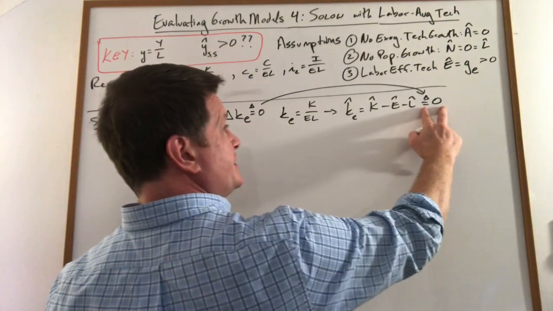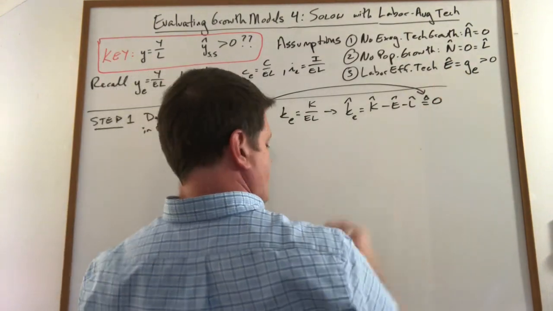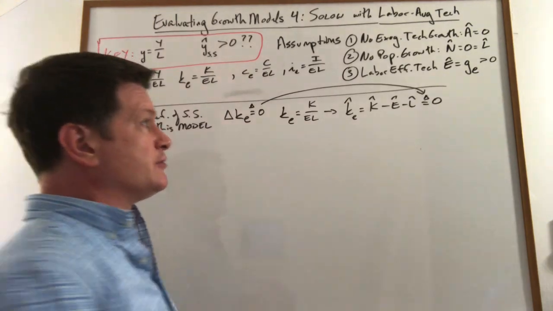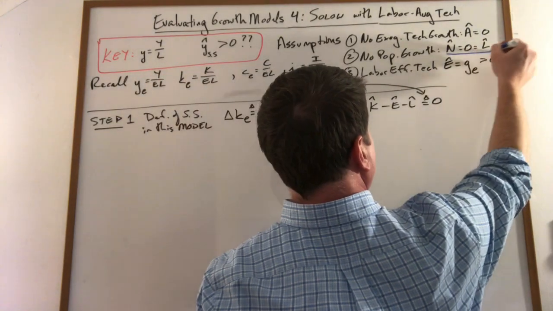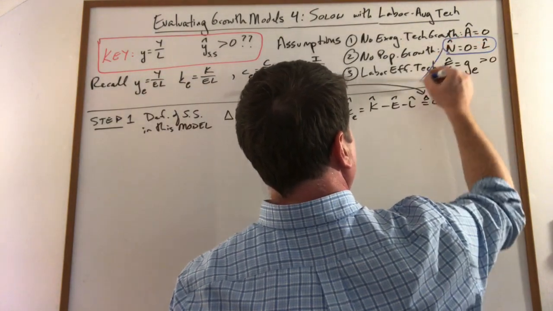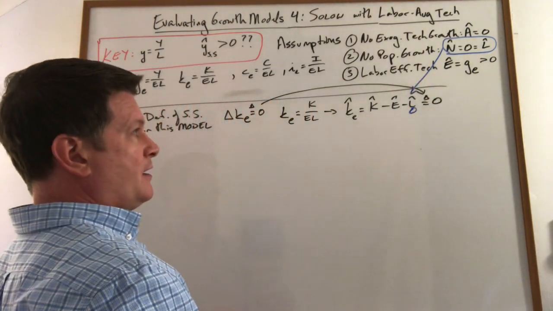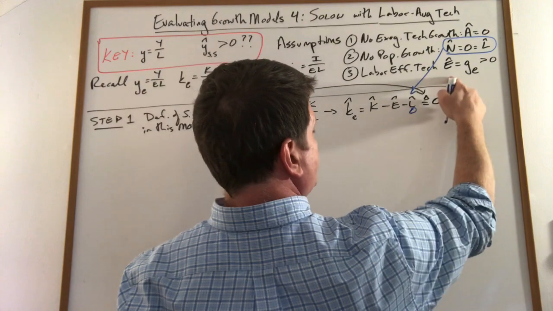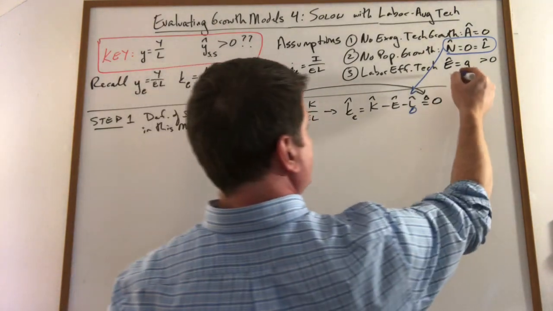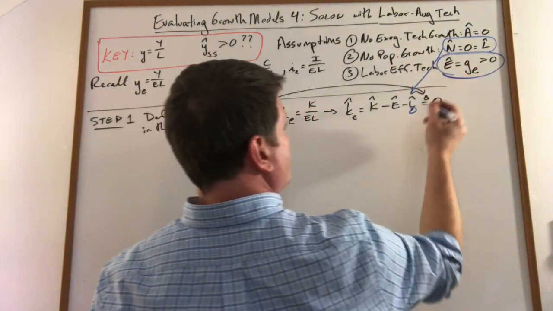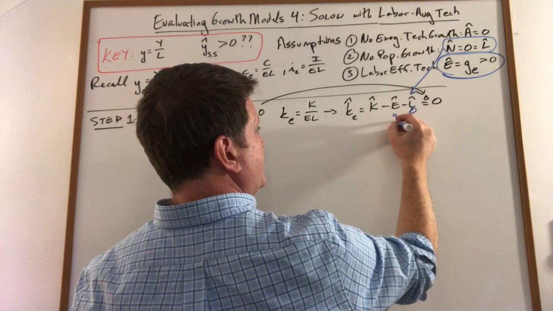So I know this. Also, because we assume no population growth, we know that is 0. Additionally, I know that gives this growing at gE.